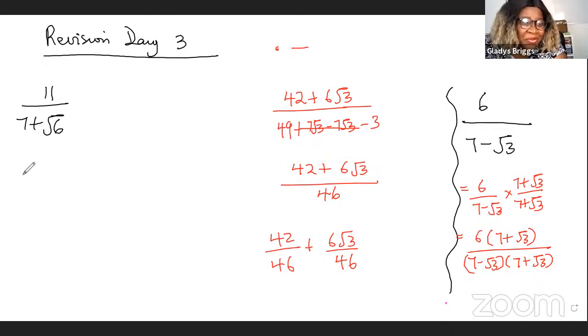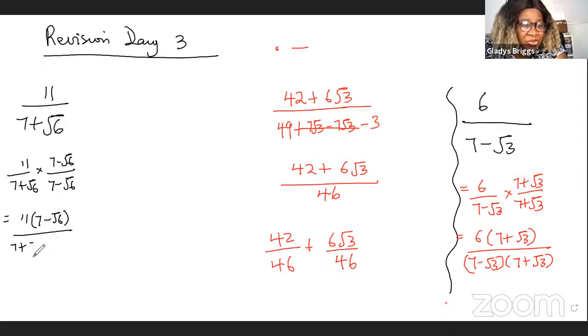So this should give you 11 over 7 add root 6 times 7 minus root 6 over 7 minus root 6. And that's equal to 11 times 7 minus root 6 over 7 plus root 6 times 7 minus root 6.